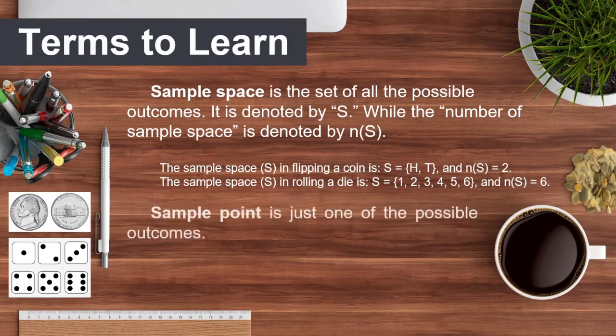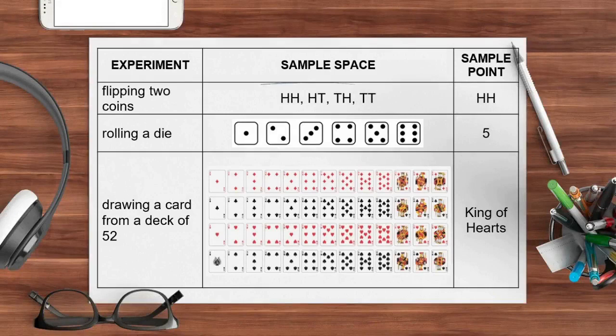Okay? A sample point is simply just one of the possible outcomes. So you could take any of the possible outcomes, and that will be our sample point. So here again, in our example, we already explained flipping a coin and rolling a die. But in the first one, we have flipping 2 coins.